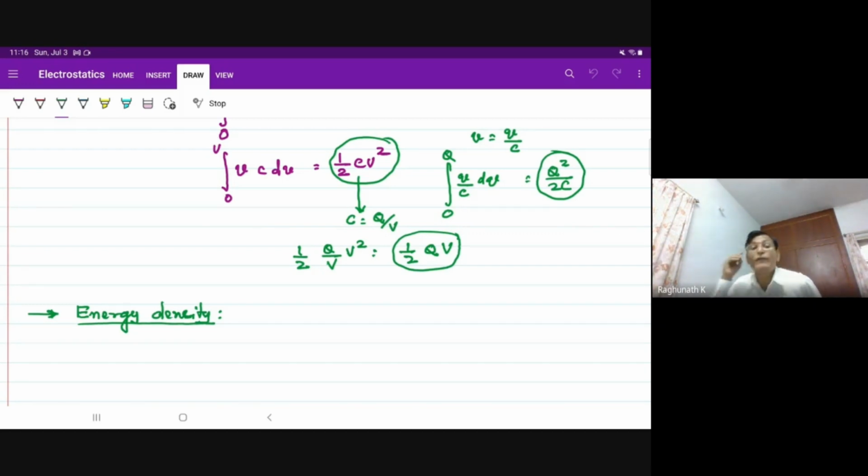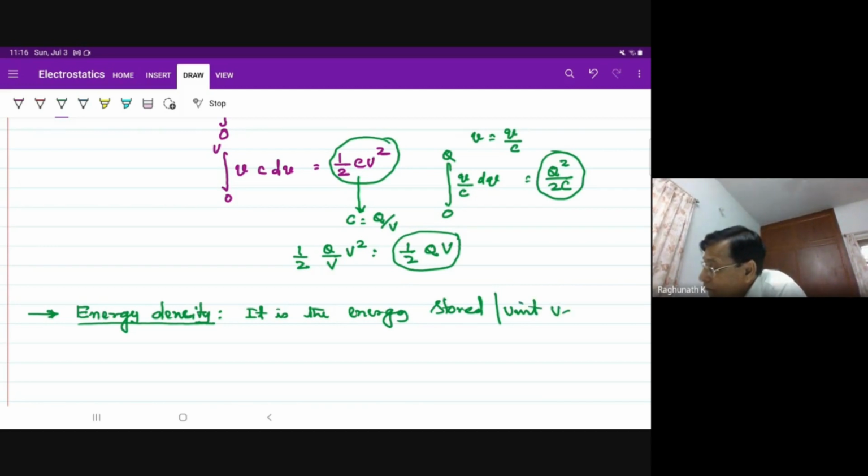Energy density, when we talk about it, is the energy stored per unit volume of the dielectric when it is in the electric field, right?